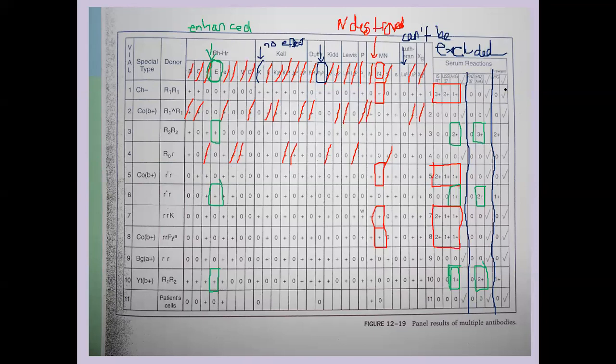So that is why they did the pre-warm technique. And so we can see here with the pre-warm technique that the red reactions due to the anti-N are now eliminated, okay? And really the only ones that are showing up are the reactions that are due to the anti-E.